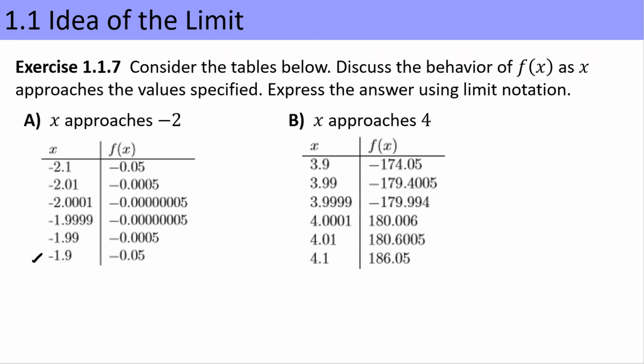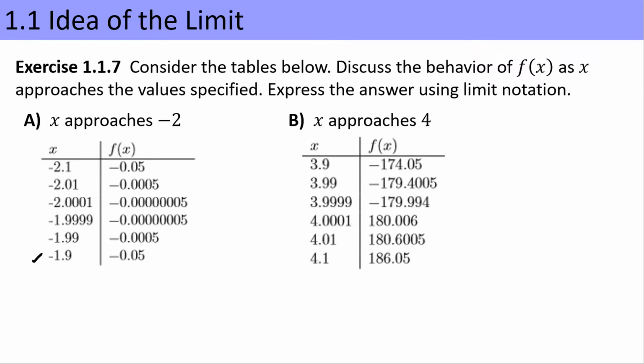It appears identical to what the value was at x equals -2.1, and that is the function output is -0.05. We might be able to observe that without the equation and without the graph, the table suggests that it is symmetric about the value of x equals -2.